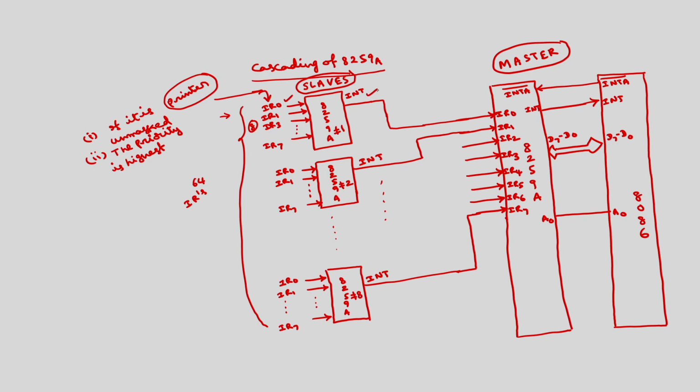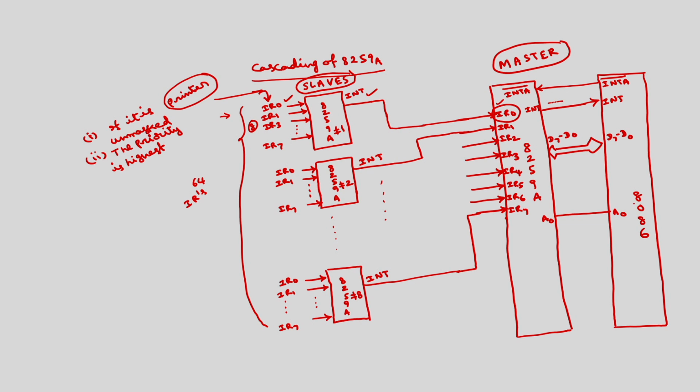will be activated. So this INT signal is connected to one of the interrupt requests of master. Again the same conditions here, if IR0 of the master is unmasked, and the priority of IR0 is highest among all the serviced interrupts, then this master will place a request through INT to the 8086.